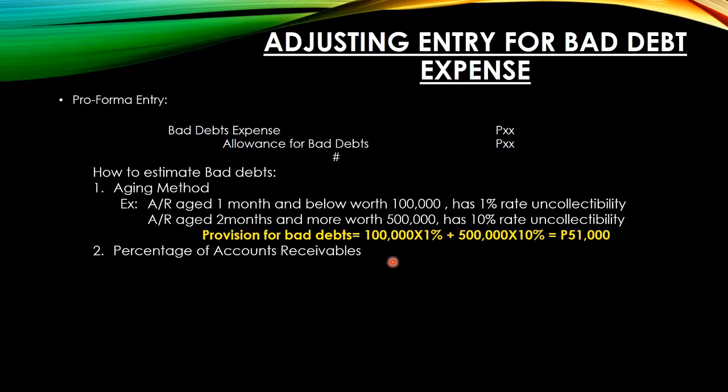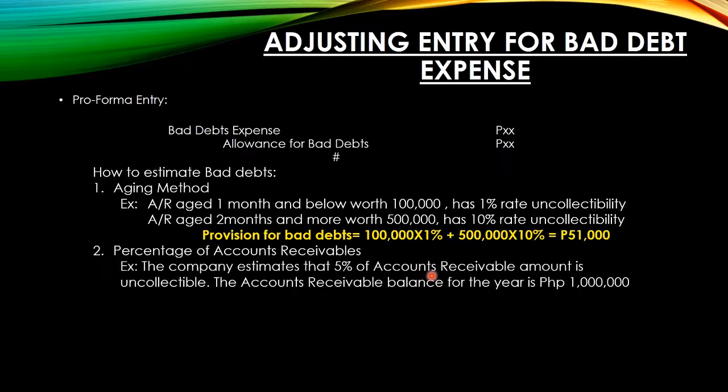The company would analyze and have its analysis and estimate what is the appropriate rate of uncollectibility sa accounts receivable, then i-multiply na lang nimo diretso. Okay? So, for example, the company estimates that 5% of the accounts receivable amount is uncollectible.